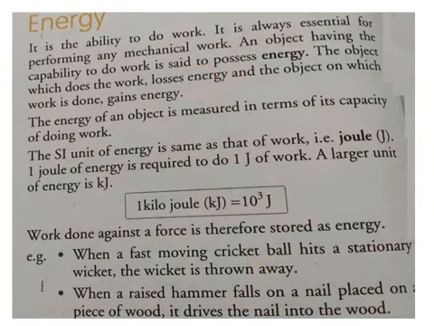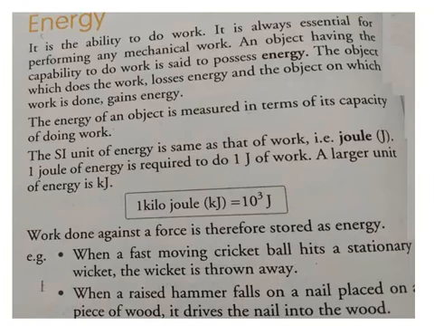Children, we will right now take up the subtopic energy. It is the ability to do work. That means energy is the ability to do work. It is always essential for performing any mechanical work. An object having the capacity to do work is said to possess energy.